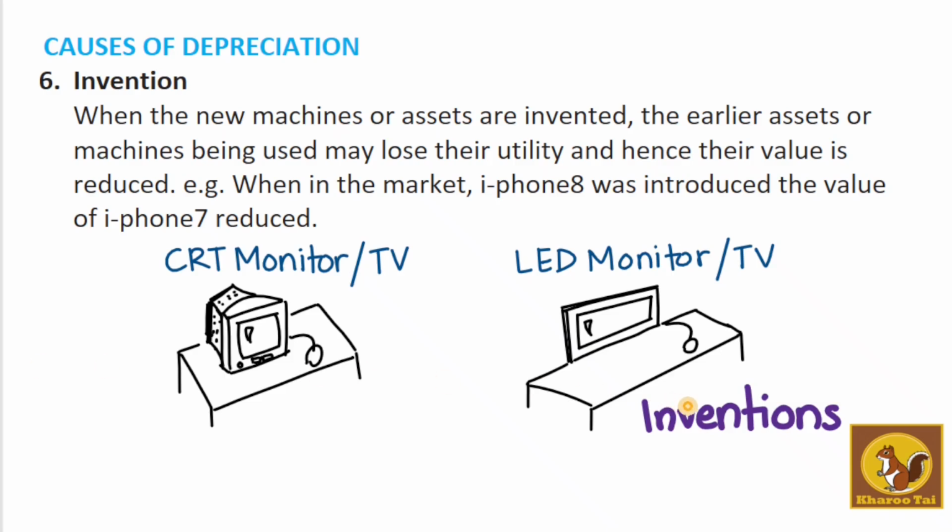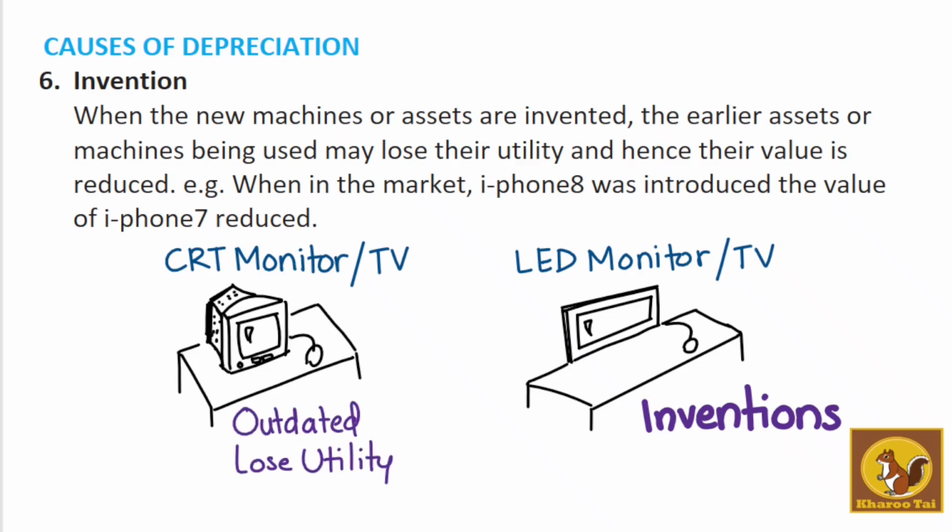So because of this invention, people are no more using CRT monitors, which were inconvenient. They used to take more space. Now a flat TV or LED monitor is taking less space. So it is preferred over the CRT monitor, right? The CRT product is getting outdated, it is losing its utility. So obviously its value is going to get reduced.